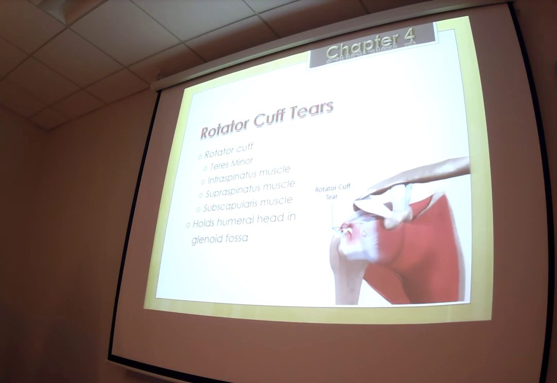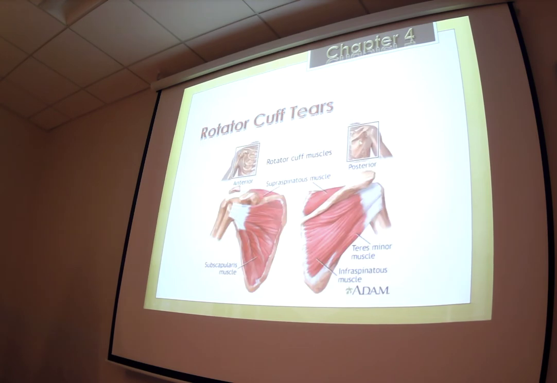So we have the teres minor, infraspinatus muscle, supraspinatus muscle, and the subscapularis muscle that all run essentially to the head of the humerus and hold it in place and stabilize all of the movements of the shoulder. So here you can see the supraspinatus, subscapularis, teres minor.